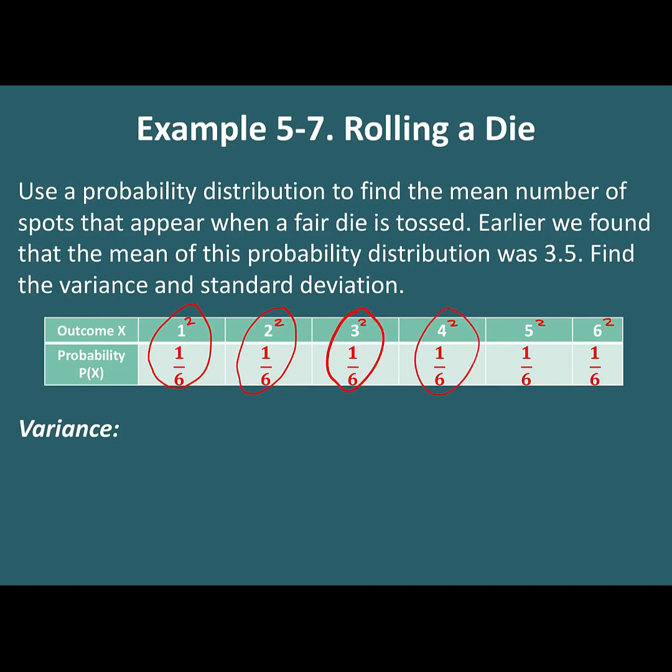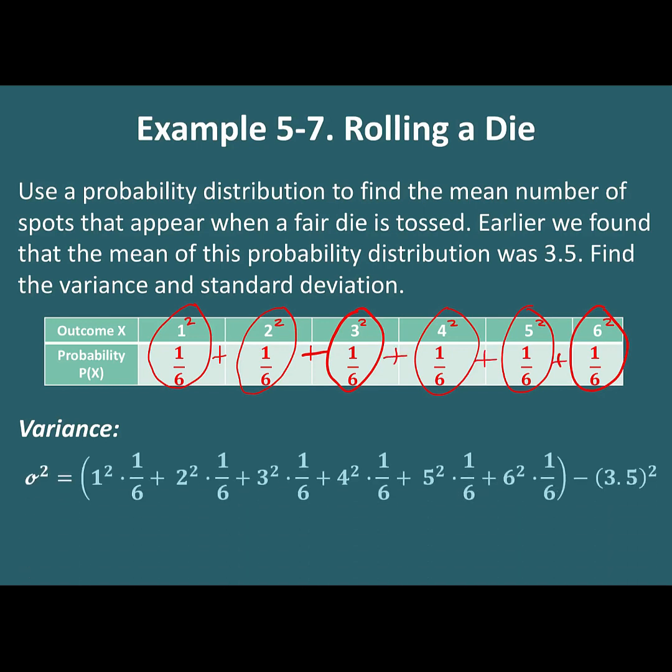And much like the mean, once this is done, you simply add up each of those products. So once again, you take the outcomes, you square them, then multiply them by their respective probabilities. Then you add up each one of those expressions, but then at the end, do not forget to subtract the mean squared.